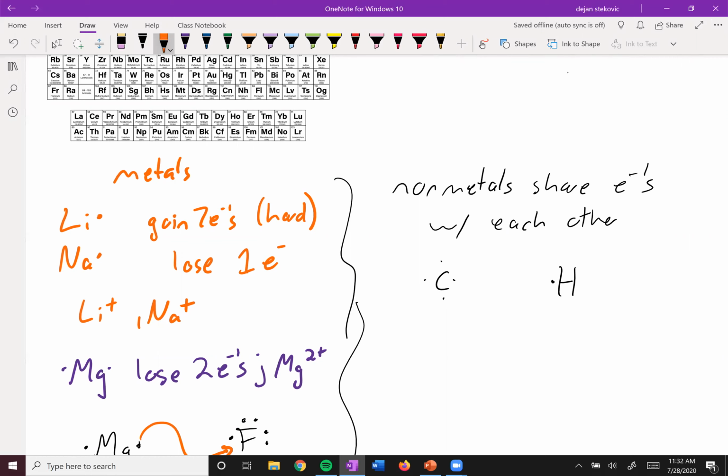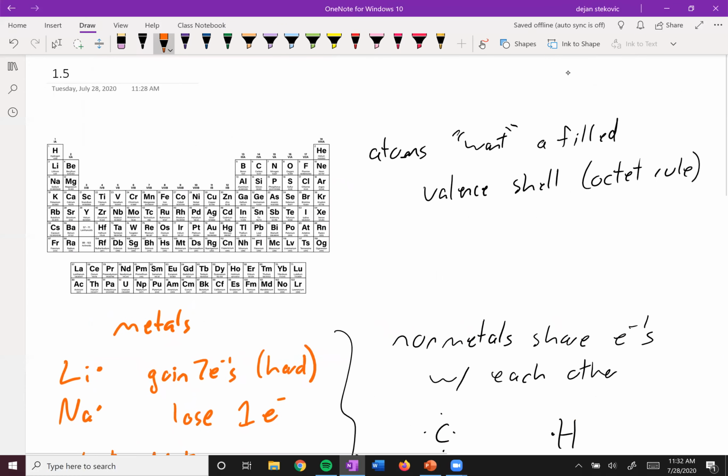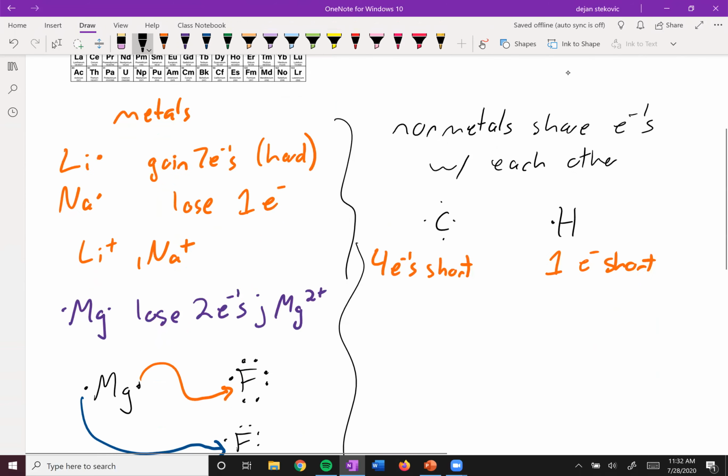We can see that carbon is 4 electrons short of an octet, while hydrogen is only 1 electron short of an octet. Remember, hydrogen doesn't actually want an octet. It wants a filled valence shell. It only has the 1s orbital, and so that'll only be 2 electrons, right? So that's why I prefer saying filled valence shell over octet rule.